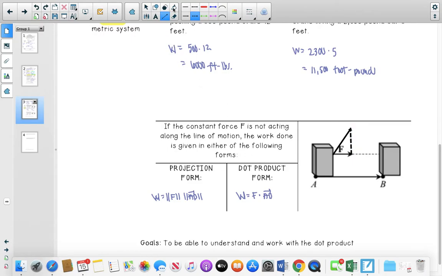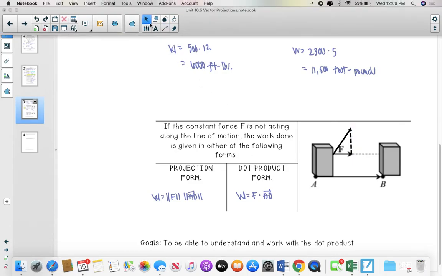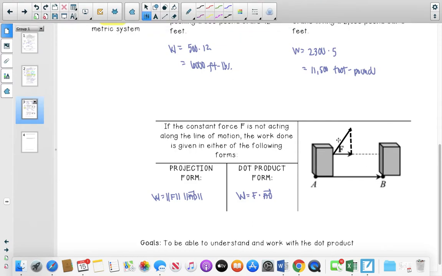Okay, I'm going to have to relabel this stuff because I used the wrong image when I did your notes. So ignore this. F goes here, and this is the projection vector. And that's subscripted, and F goes here. Okay, and that's important for what we're going to do later.